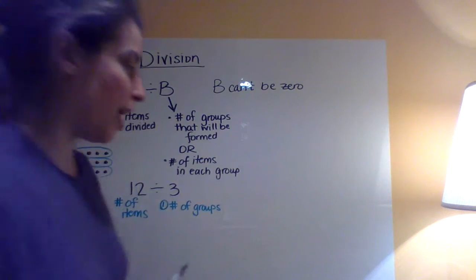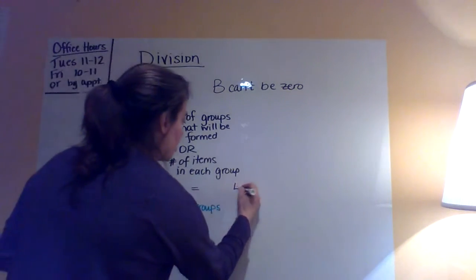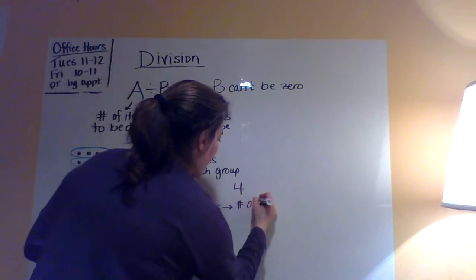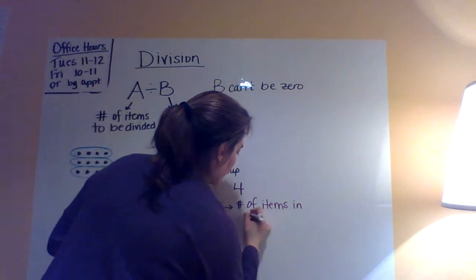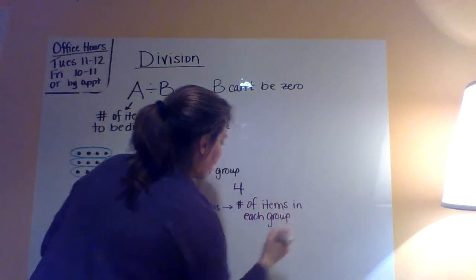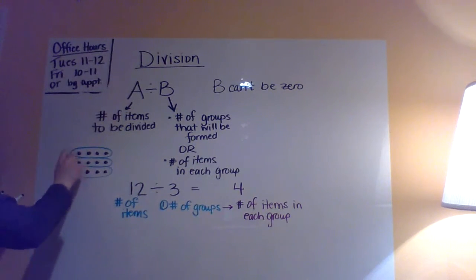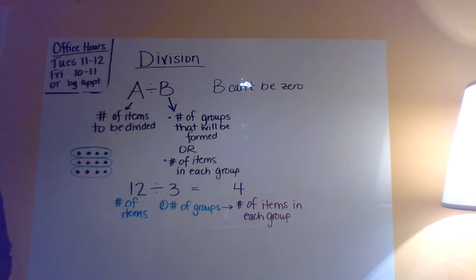Now if I do that, then my answer is going to be the number of items in each group. Okay, so we know there are 12 items. We divide them into 3 groups. That means there are 4 items in each group.